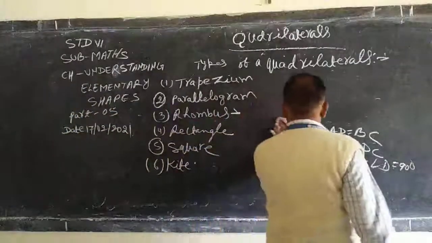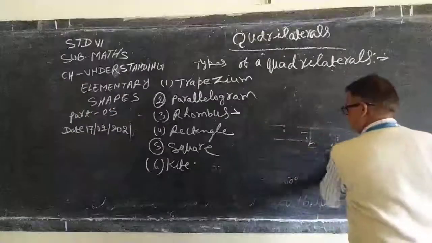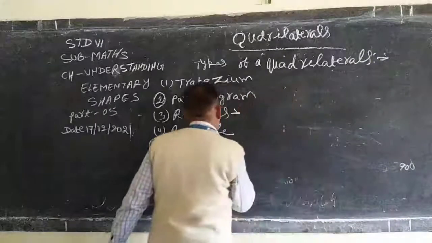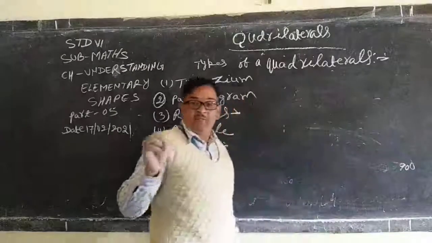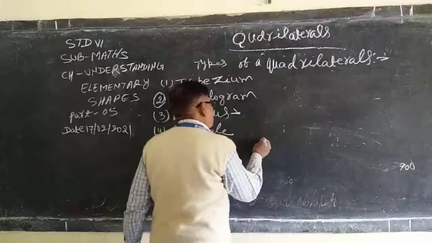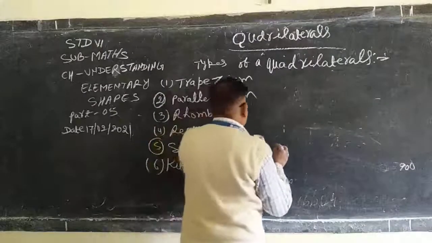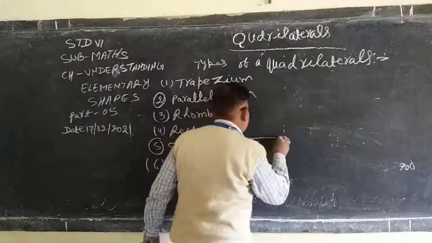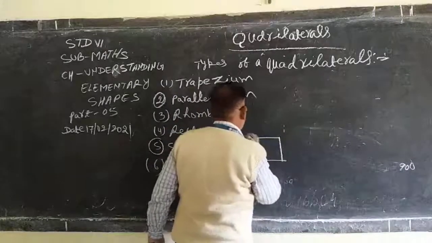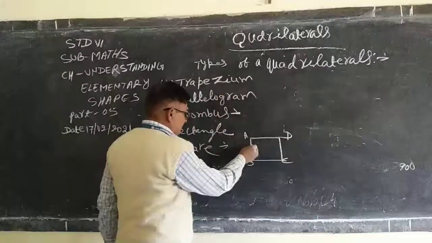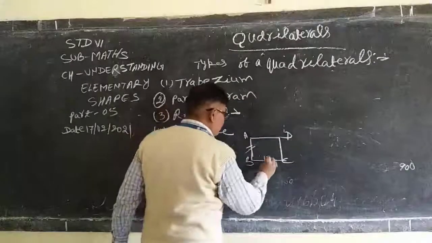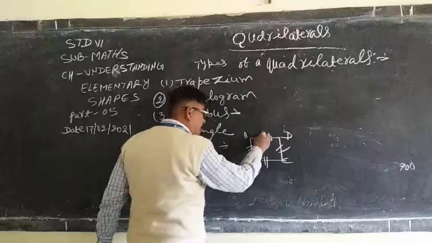Now a square. A square has four equal sides. It is a parallelogram in which all sides are equal. See this one, a square I am making. ABCD is a square. In this one, AB is equal to BC is equal to CD is equal to AD.